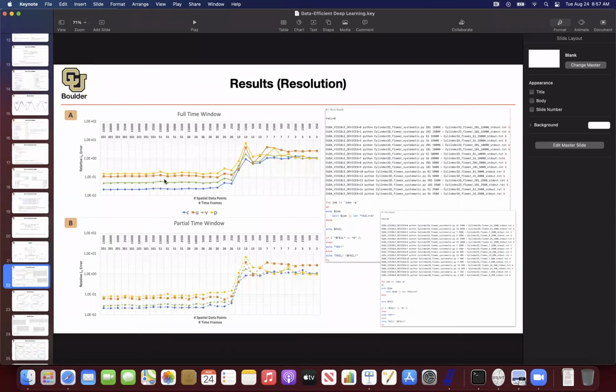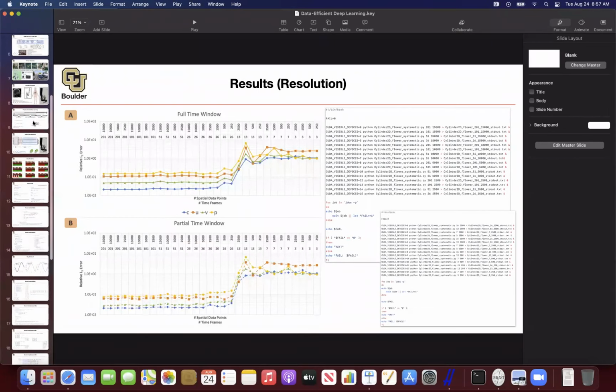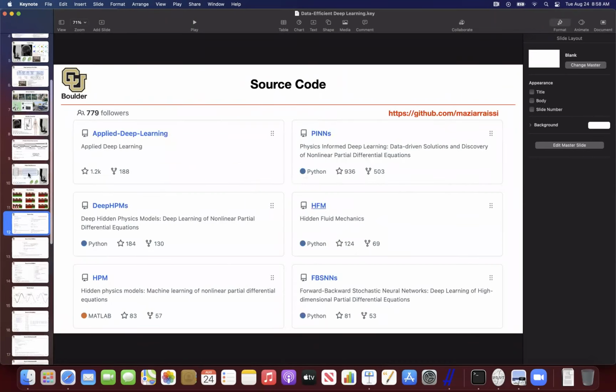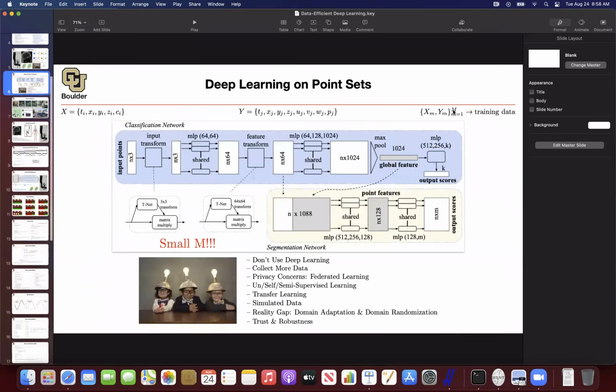So this is really sensitive. 26 points in time and 500 points in space are enough to train this algorithm. So not only are you being data efficient here with M being 0, you're also being data efficient with the size of your point cloud.